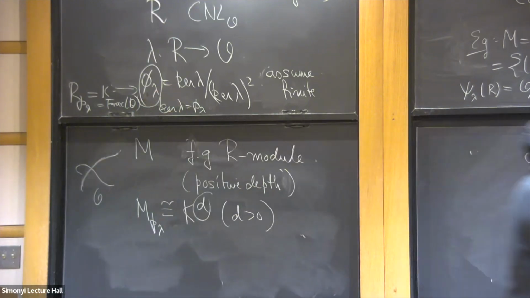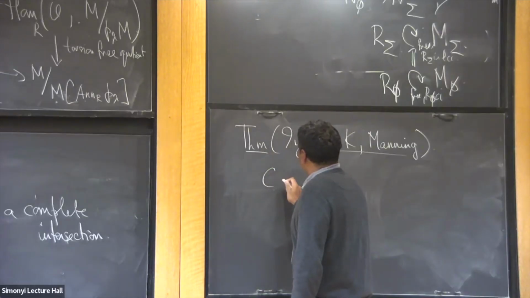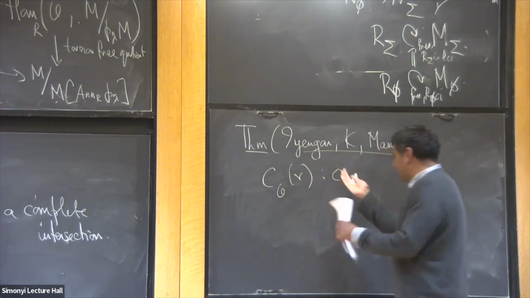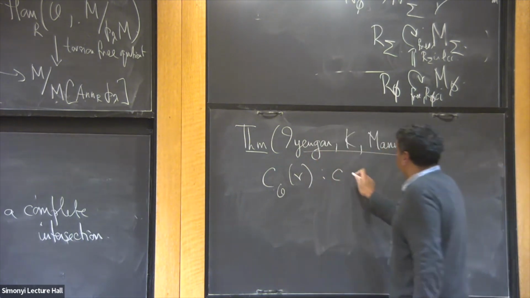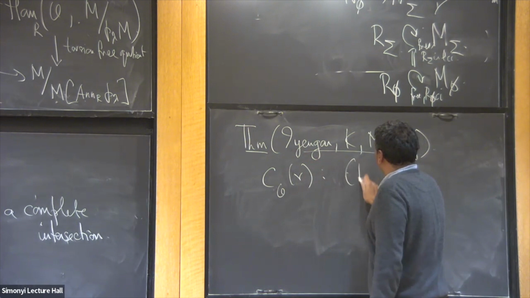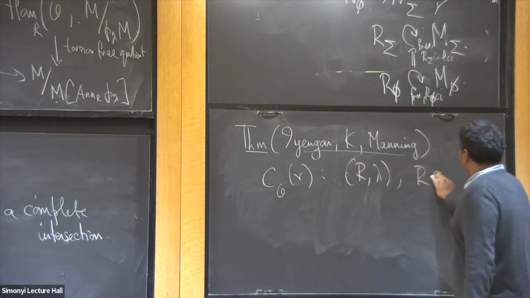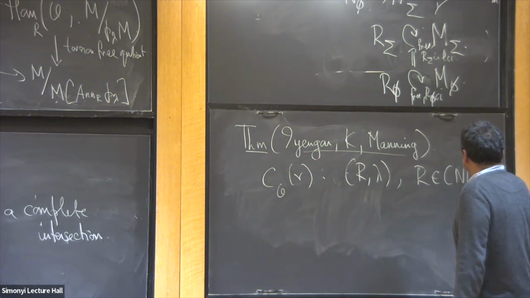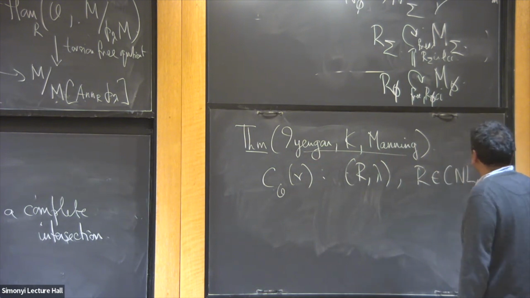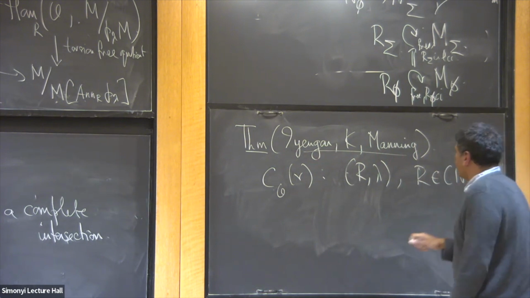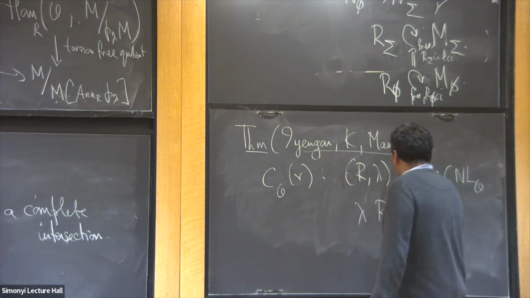So I have to define the right category of rings. I'm going to define this category of rings, call it C_R. Actually, they're pairs of rings with an augmentation. So this consists of pairs (R, lambda), where R is a complete Noetherian local O-algebra, and lambda is a map from R to O.